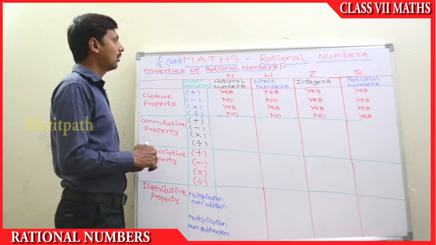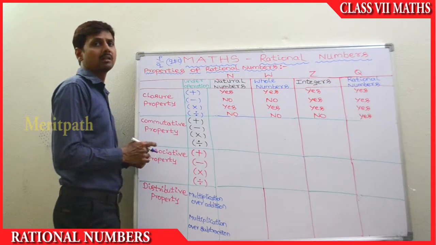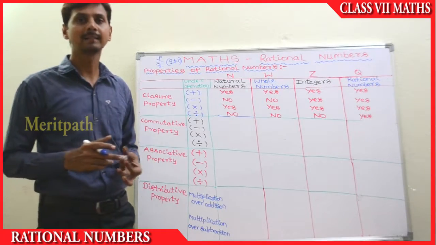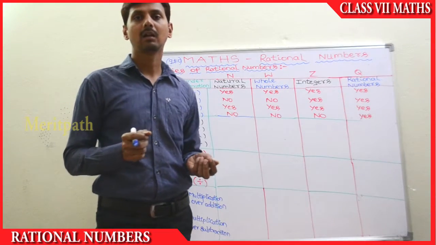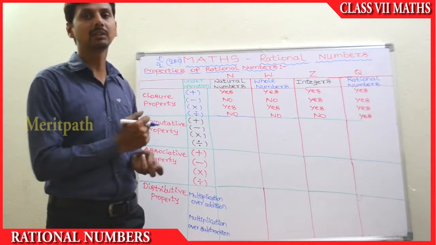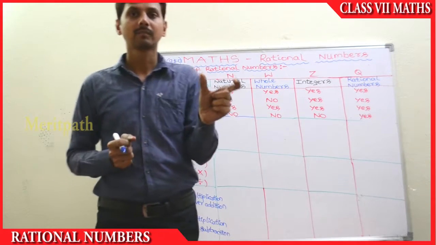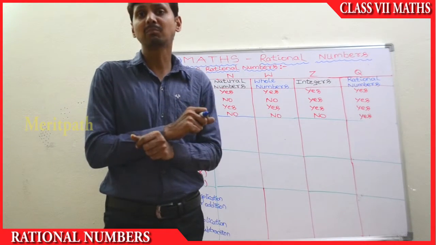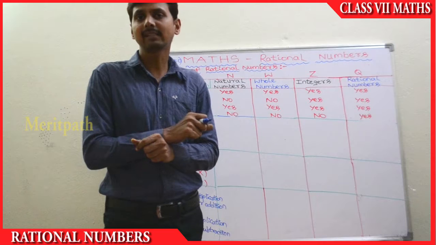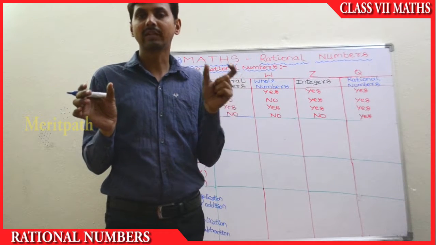Commutative property on natural numbers. We know that the commutative property is nothing but we take two numbers, and on addition we add the two numbers, and then we replace the numbers in their places, and then we see that both the values are equal.